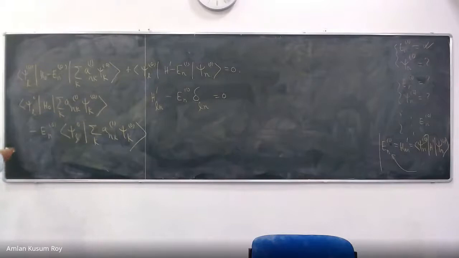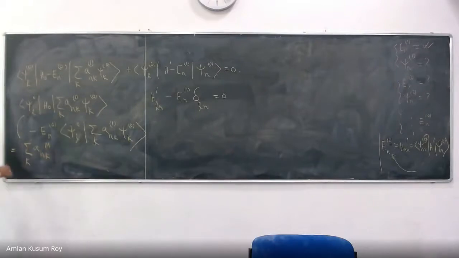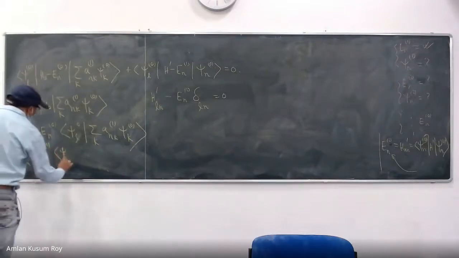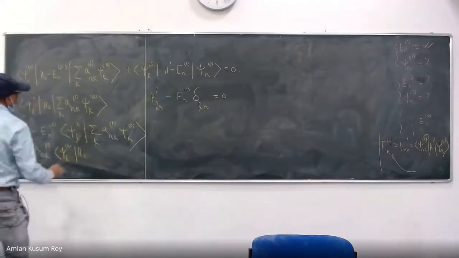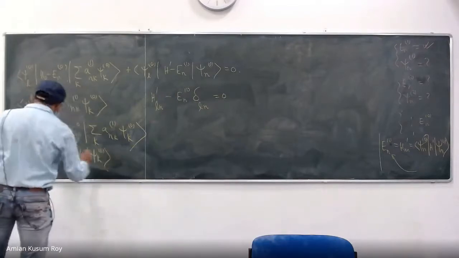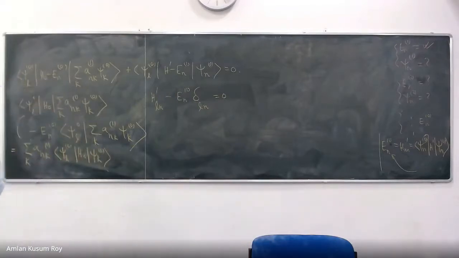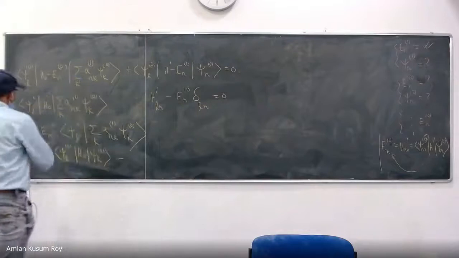Okay, so I can write the first one. So this becomes your summation over K, ANK1, psi L0, H0, psi K0, minus what is 0?